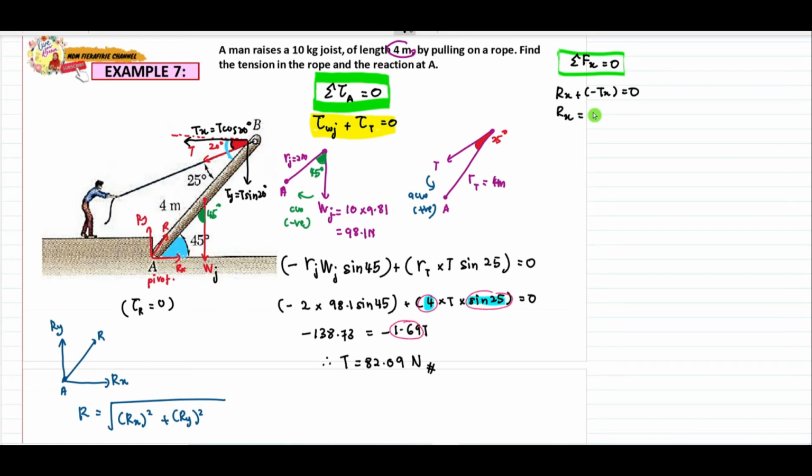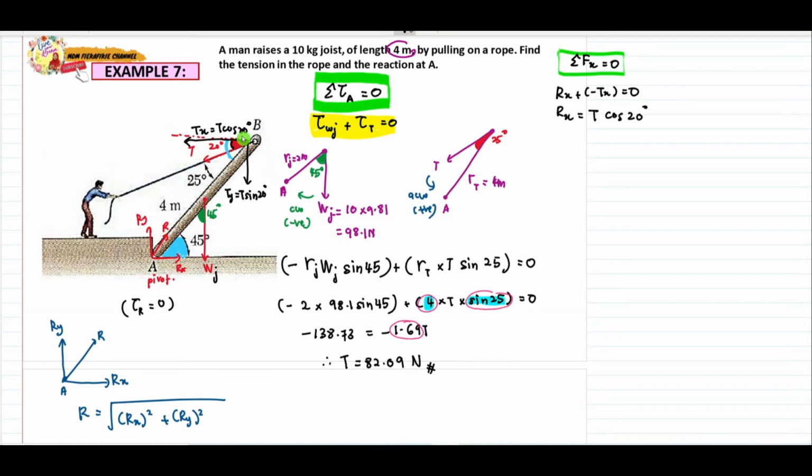Tx is equal to T cos 20 degree. Okay, so to calculate Tx it is important that you know the angle next to Tx is 20 degree. Because the one here is difficult to know. The 25 here is the angle between the tension and the joist. So to find the equation for Tx and Ty, I calculate the angle between tension T and the horizontal line.